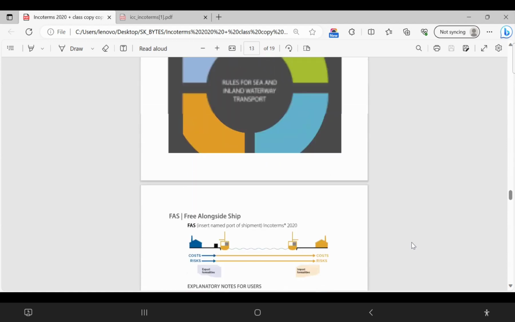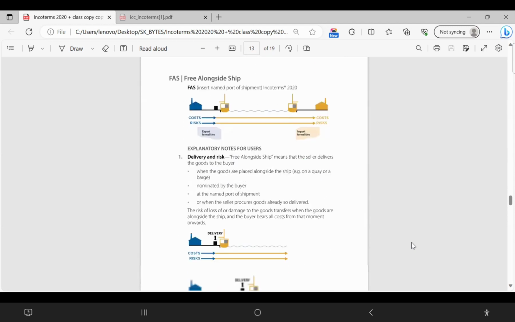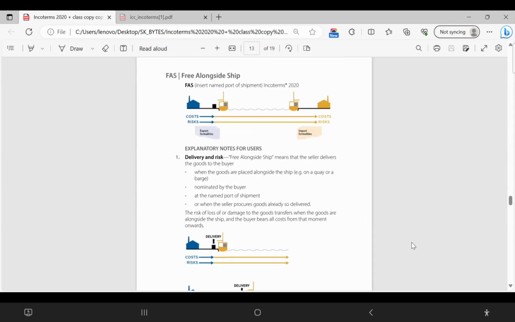They are meant for sea and inland waterway transport. The first one is FAS, Free Alongside Ship. Whenever you are using FAS, it should always be followed by the named port of shipment. Named port of shipment means the exporter's place. Now you see the cost, risk, and the documentation work.